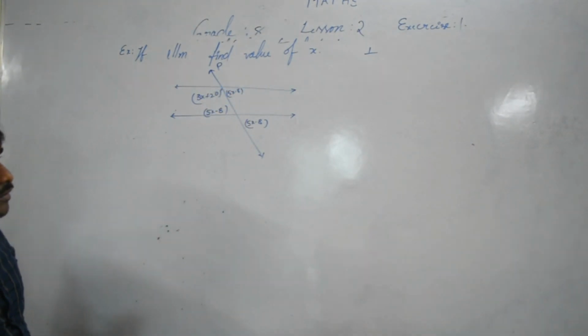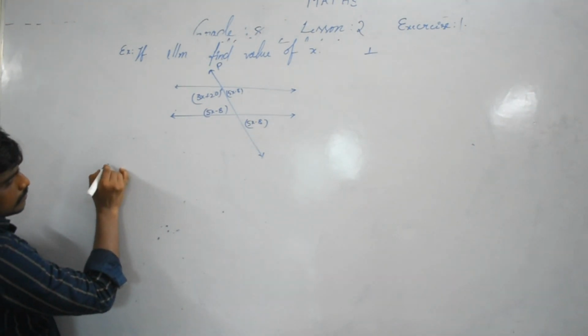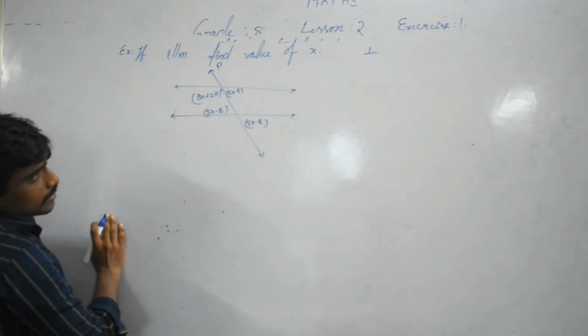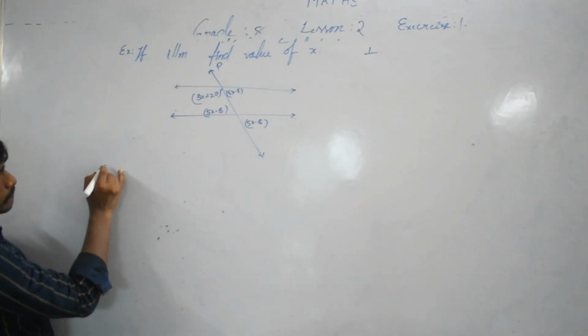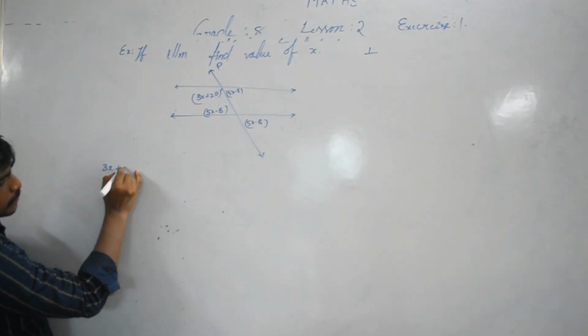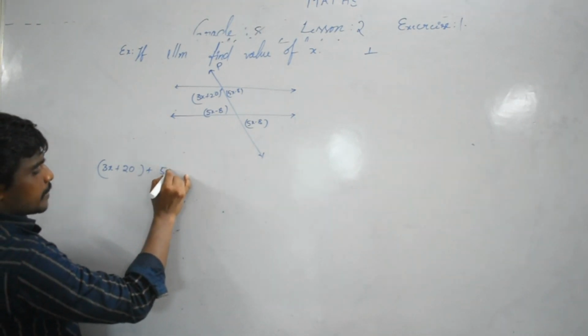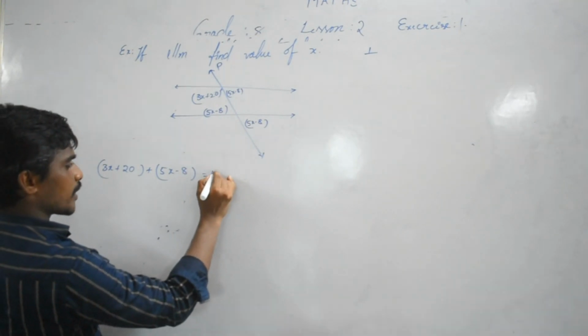How do we know? The sum of 3x plus 20 and 5x minus 8 is 180 degrees.